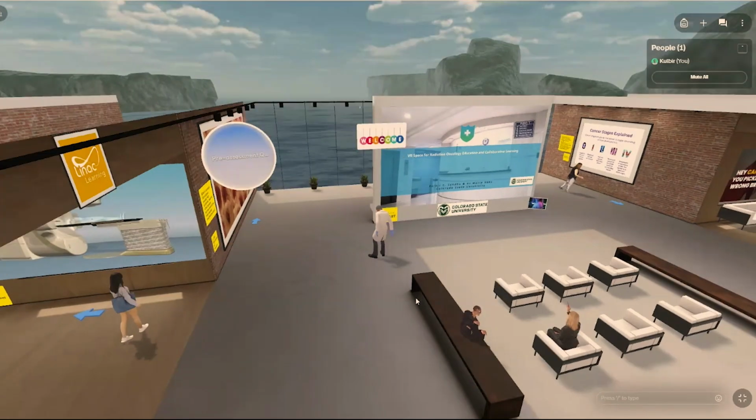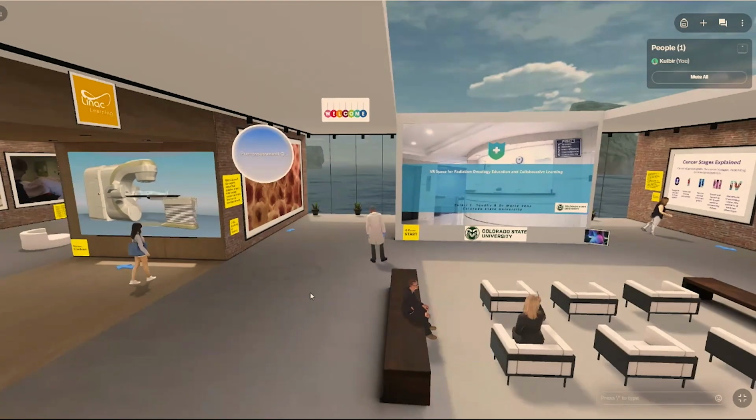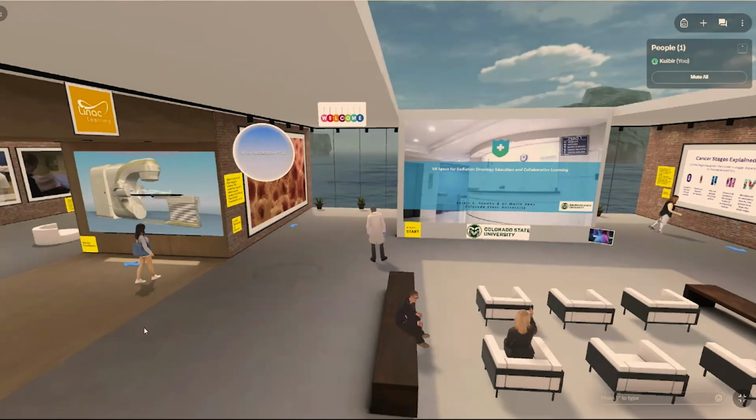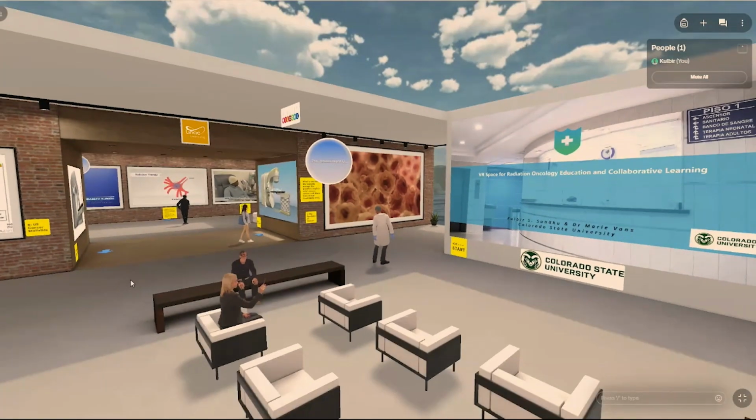So when you come into my space, I'm actually logged into the virtual space for radiation oncology for education and collaborative learning. So as part of the landing, you come into the central area, which I call the meet and greet area for collaborative learning. And on the left side, there's a workshop to basically go over radiation oncology, which basically uses the linear accelerator.